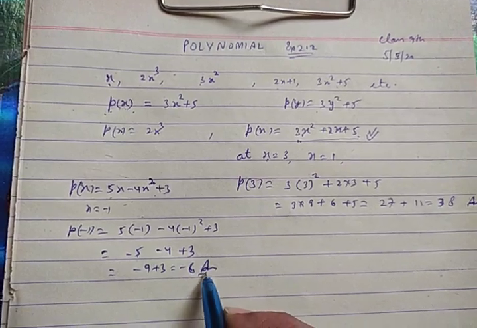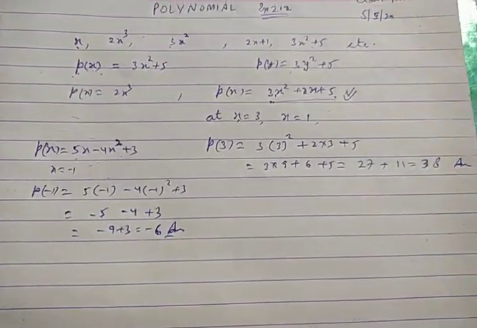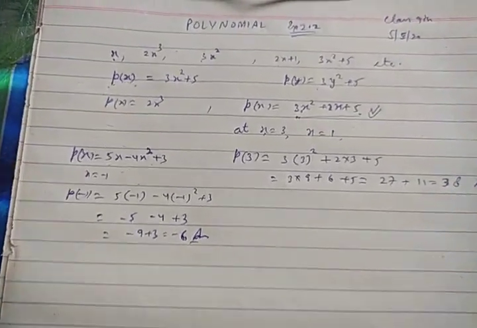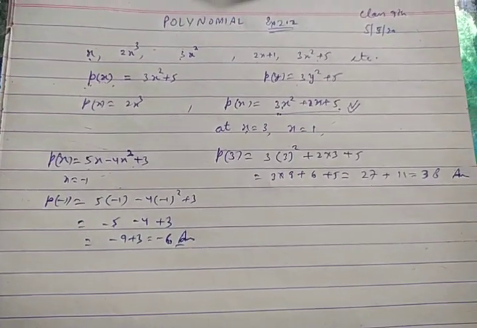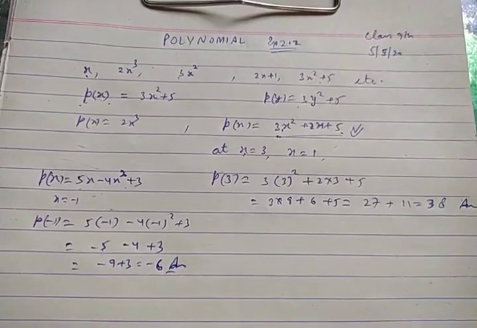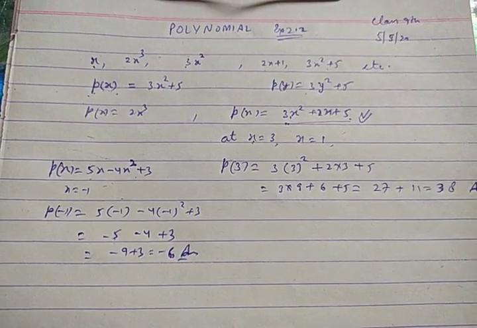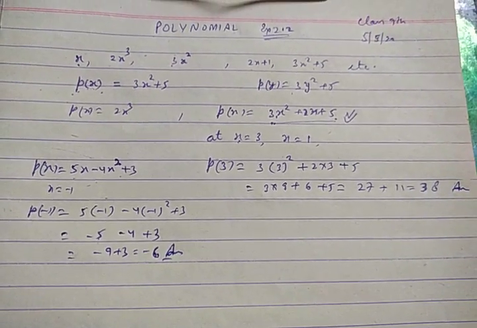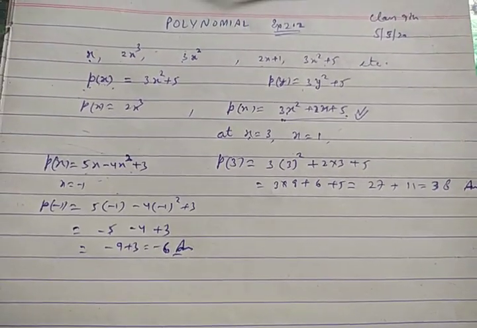This is the calculation. So one concept is to apply in this exercise. Simply you have to calculate the values of the given polynomials at certain values of x, they would be given in the question.